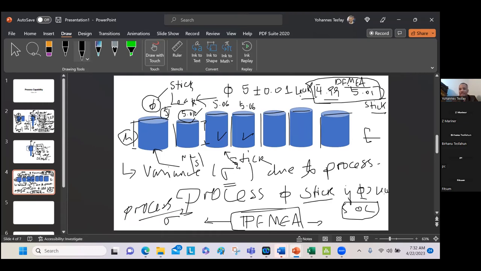PFMEA is all about addressing process variance. In PFMEA there is no such thing as process variance as a design input. Let's say I'm the design engineer, then I'm going to just specify the diameter right here. If somebody asks me why I didn't go beyond 5.1, I'm going to say stick will occur. Why not below 4.99? Then I'm just going to say it's going to leak. So that's what the design engineer says.